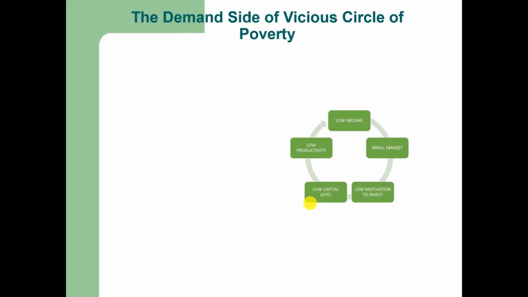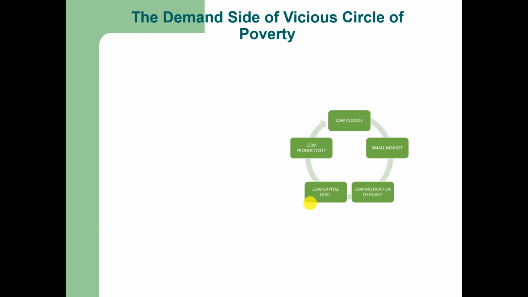Let us start with the demand side of the vicious circle of poverty. If you look at this figure, it starts with low income. It says that in the underdeveloped countries, the real per capita income is low, and due to low per capita income, the demand for goods and services is low. So there is a limited size of the market, and that leads to low motivation to invest.